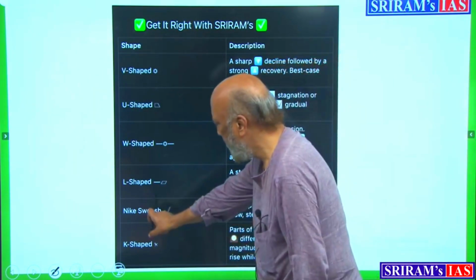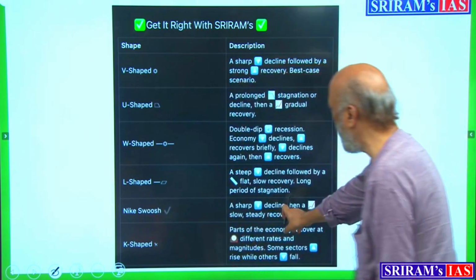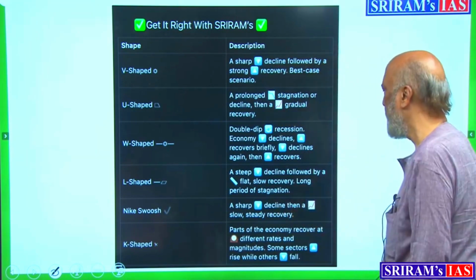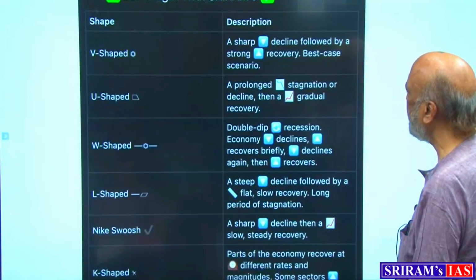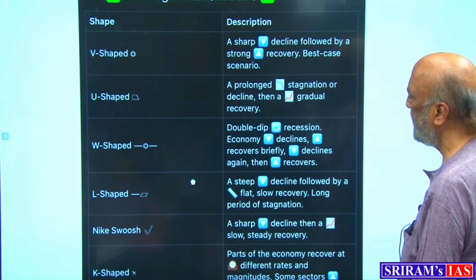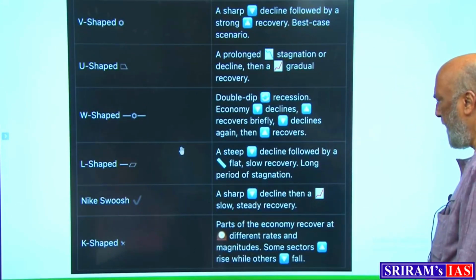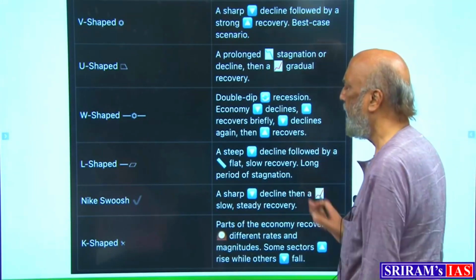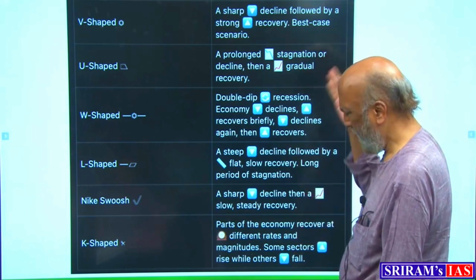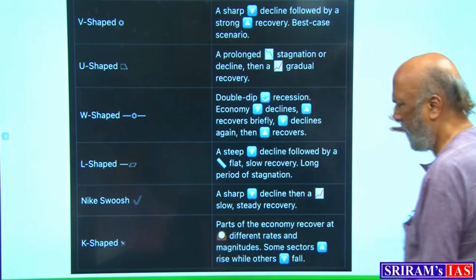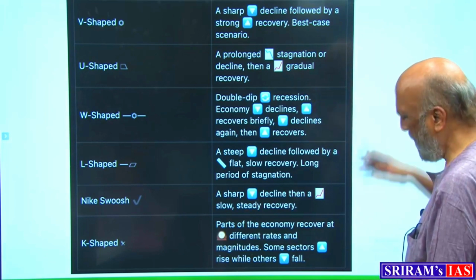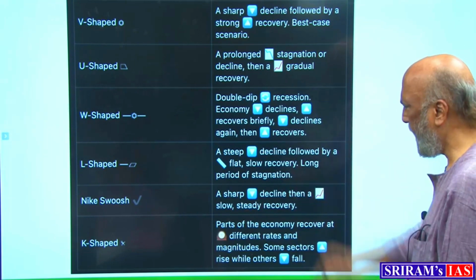Swoosh, Nike swoosh, gradual. Steady recovery but gradual, slow. Two speed, some flourish, some perish, that is K.